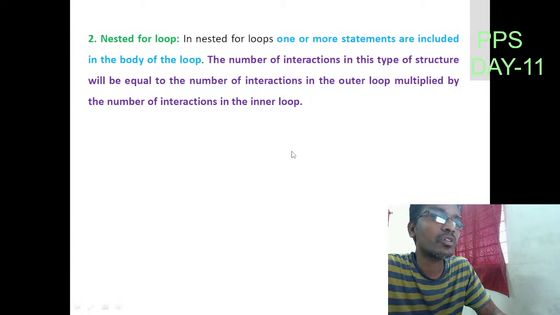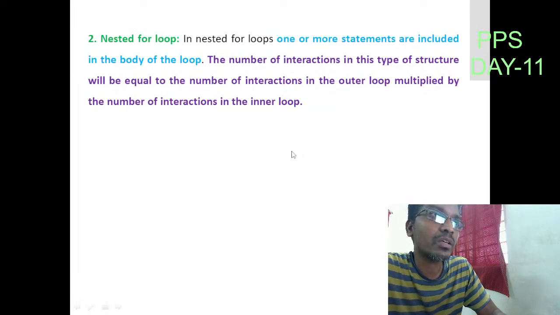Whenever the outer for loop condition is satisfied, it will enter into the inner for loop and check the condition. If it is true, it will execute the block of statements in the inner for loop until the condition becomes false.